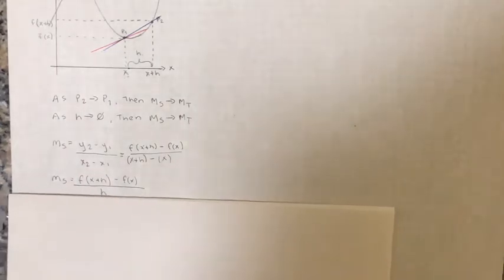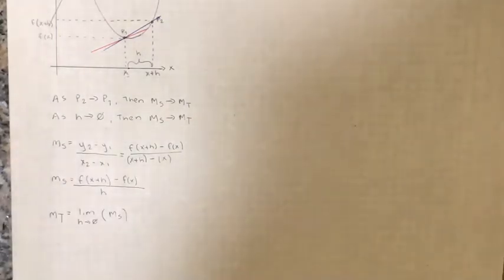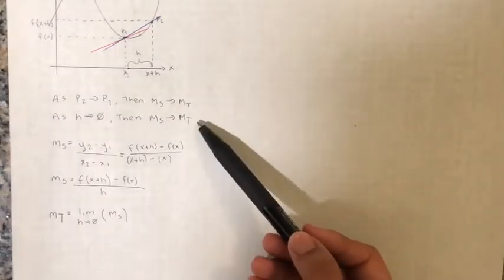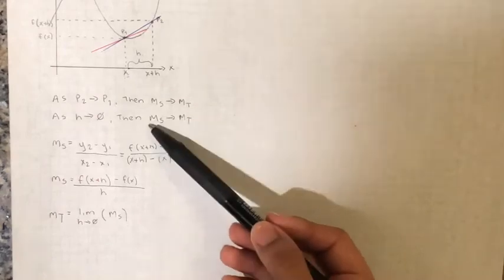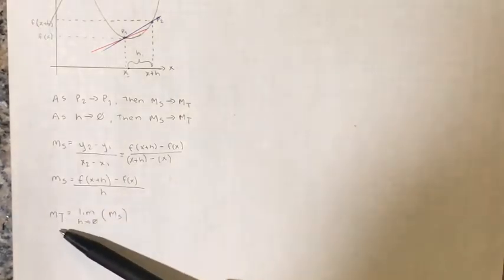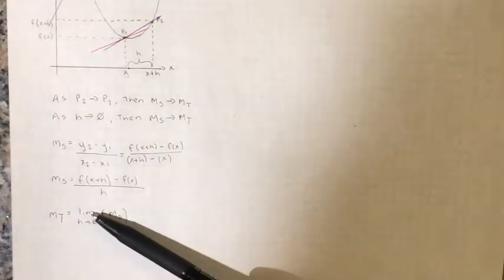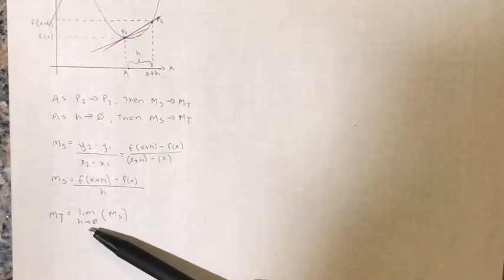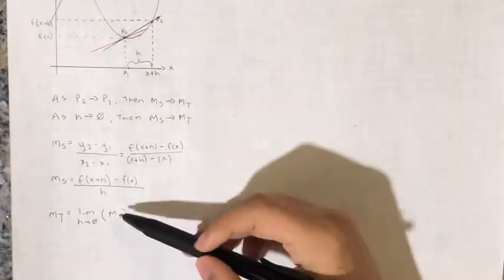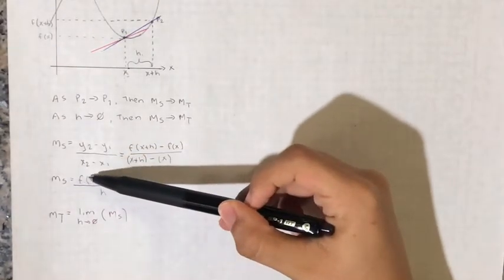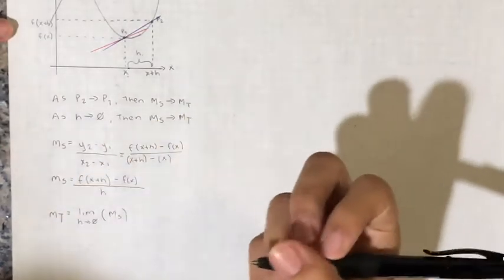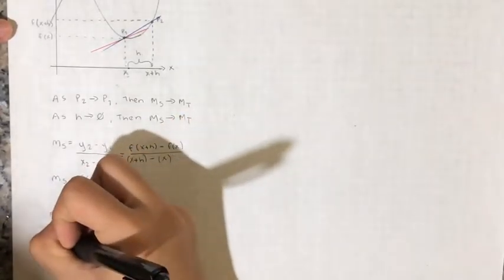Now, what can we say about the tangent line? We know that to get the slope of the tangent line, we need to approach the slope of the secant line. So we can say that the slope of the tangent line is the limit when h approaches 0 of the slope of the secant line. We already know that the slope of the secant line is f(x plus h) minus f(x) over h. So what we do now is just substitute.